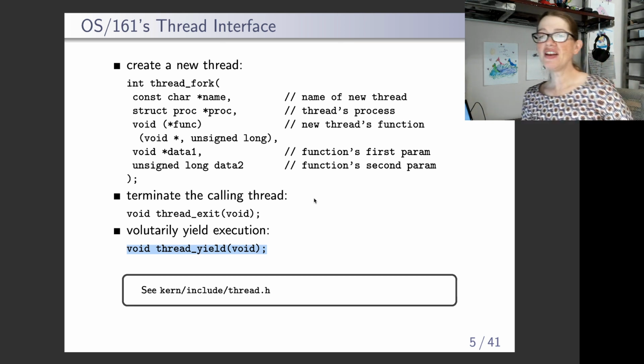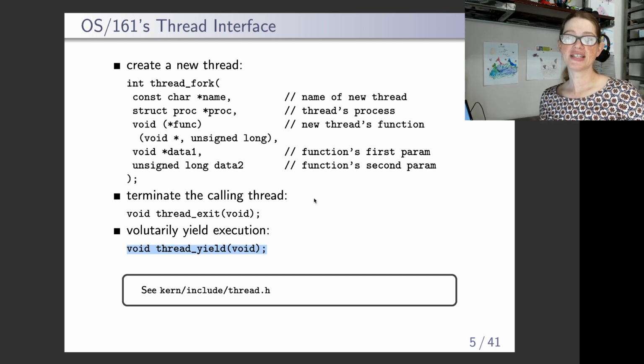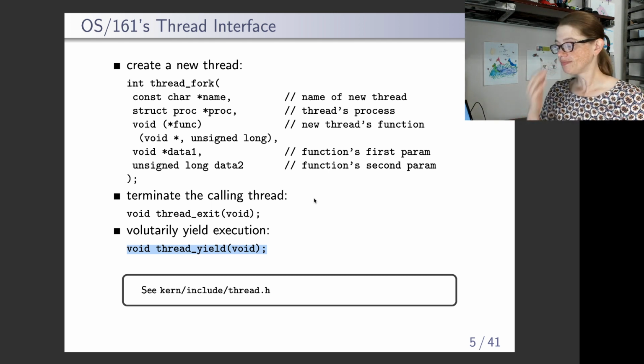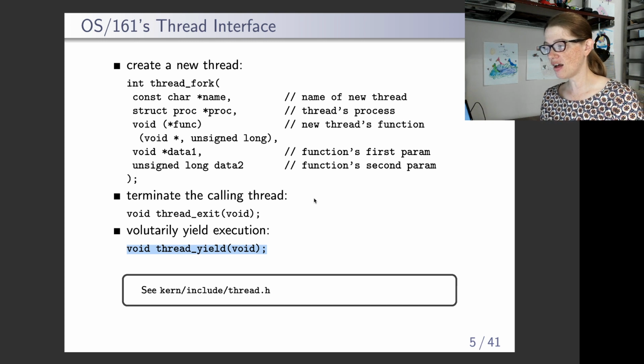All right, so thread yield, it's not a guarantee. On a modern system, it almost always works. But on OS 161, not so much, because there's not really other threads running. And the scheduler is kind of simple. So we do use it in synchronization problems to try to encourage giving up the CPU. A place where actually thread yield is really common is something called cooperative concurrency, which we'll talk a little bit more about later.